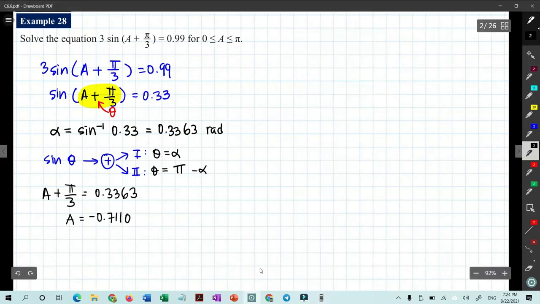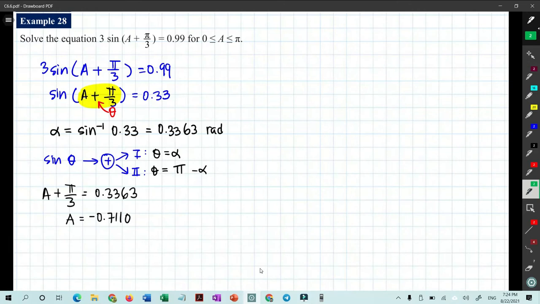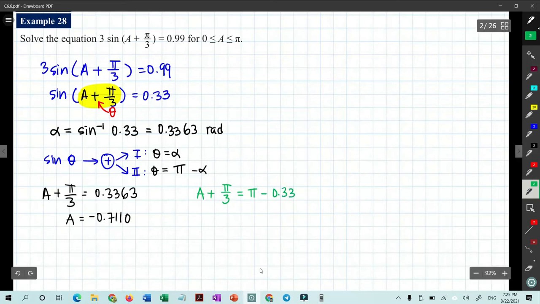Next, to find the value of theta in the second quadrant, I'm going to substitute theta with again a plus pi over 3, and equals to pi minus alpha, which is 0.3363. So let's solve this.